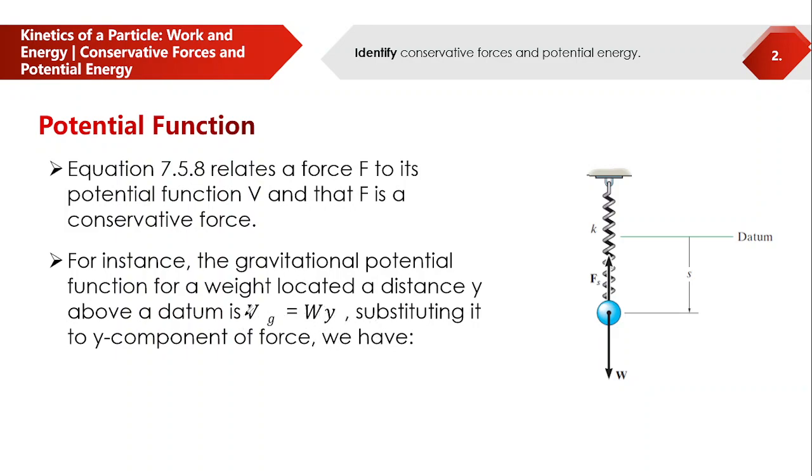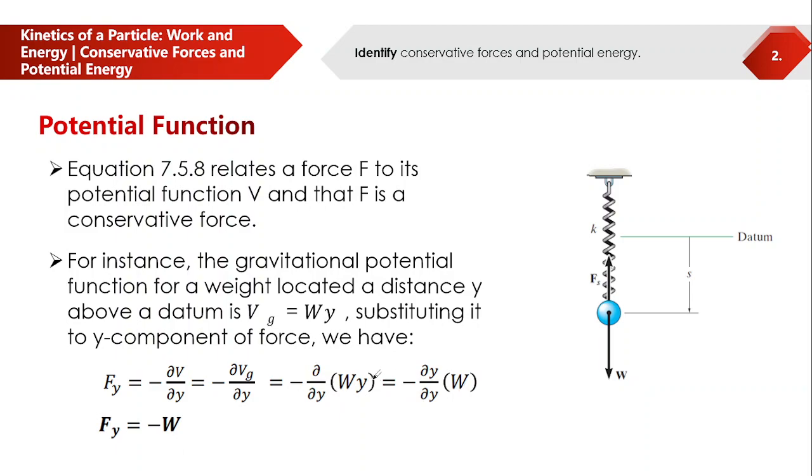So substituting it to the y component of a force, we have ayun. So magiging ganito na siya. Okay? Kasi nga, the gravitational potential energy function, i-substitute lang natin yung Vg was equals to Wy. So magiging ganyan siya.